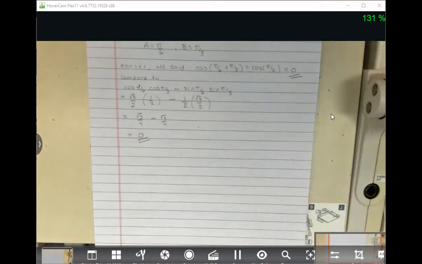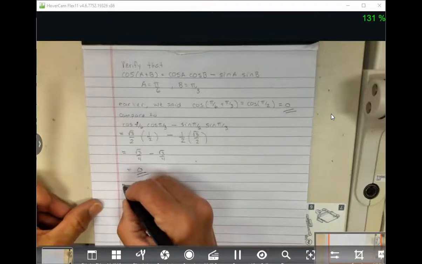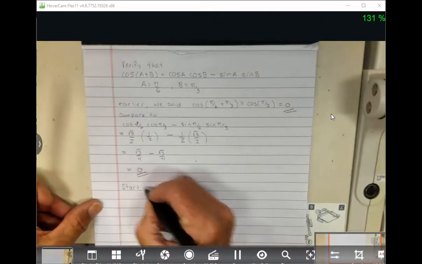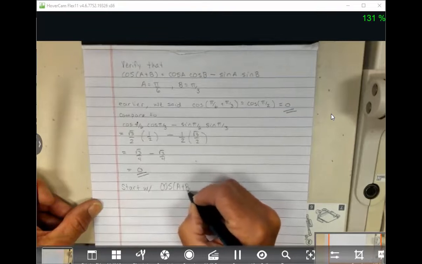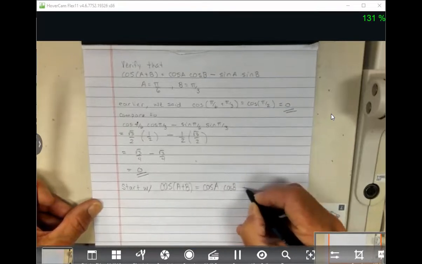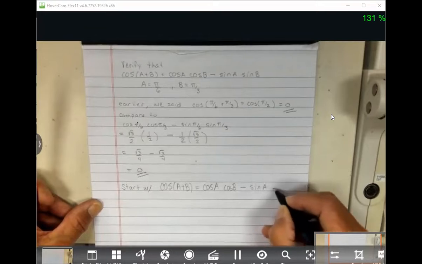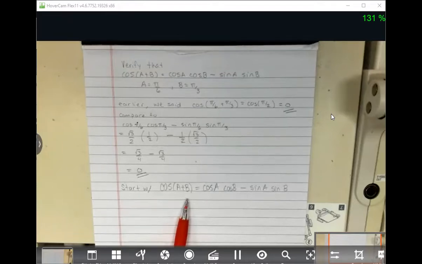And from that formula, we can get a difference formula. So go back to this formula right here. Start with cosine of A plus B is cosine A cosine B minus sine A sine B. Let's replace every B with minus B so that I get a subtraction formula.